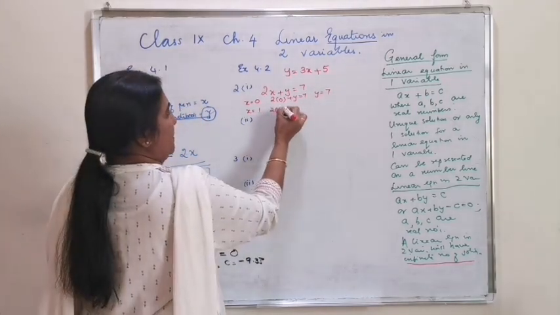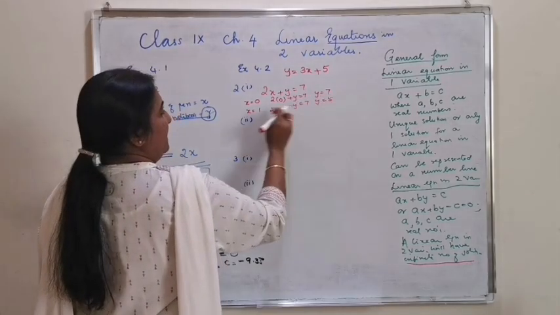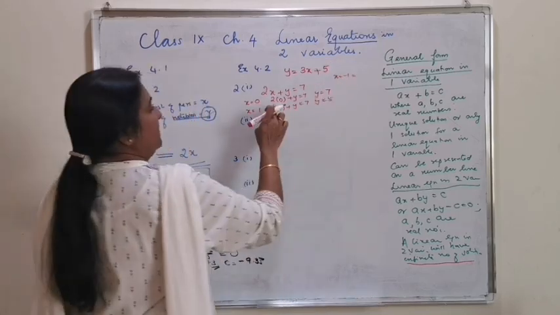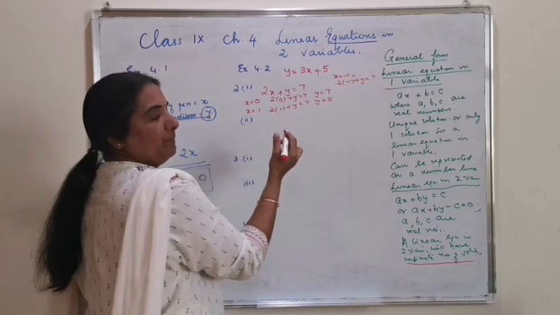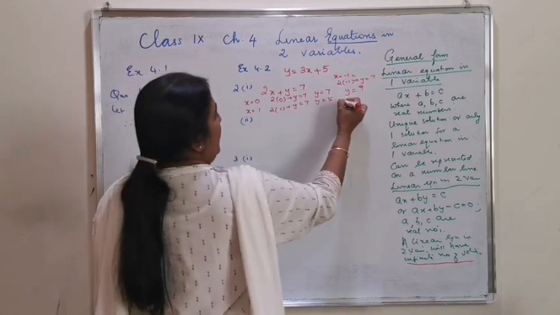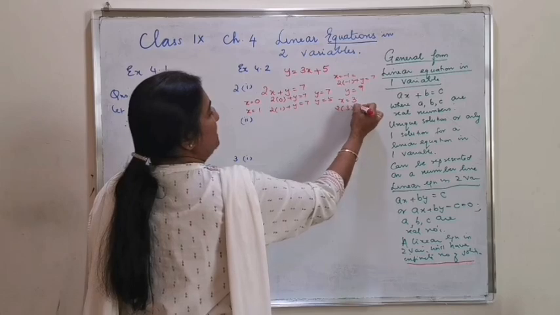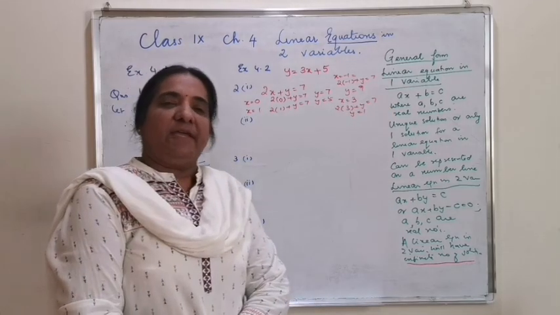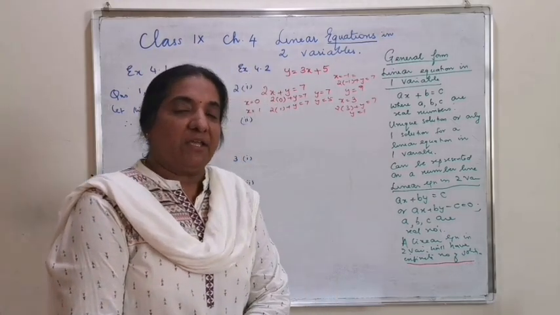X equal to 1, 2 into 1 plus y equal to 7, or y value is 5, 7 minus 2. X equal to minus 1 gives 2 into minus 1 plus y equal to 7, or y is equal to 7 plus 2, 9. X equal to 3 gives 2 into 3 plus y equal to 7, or y is equal to 1.